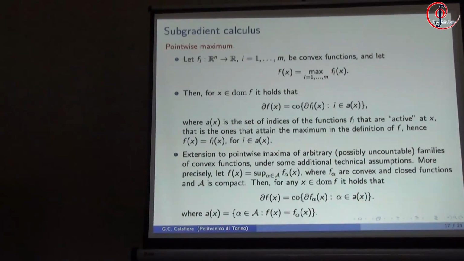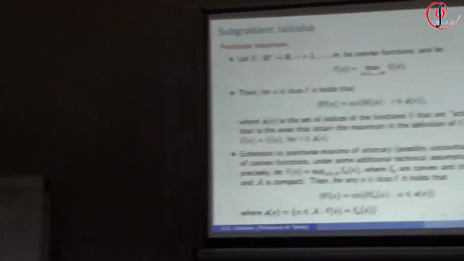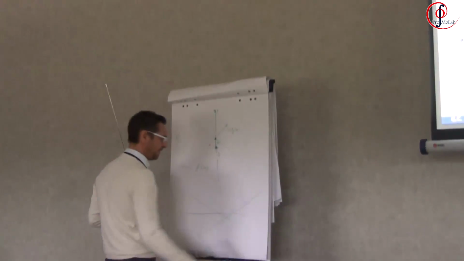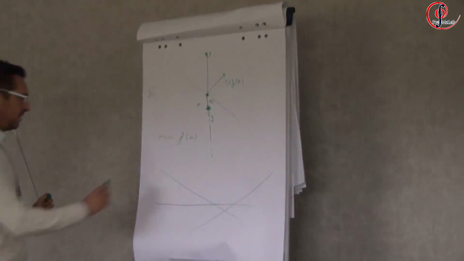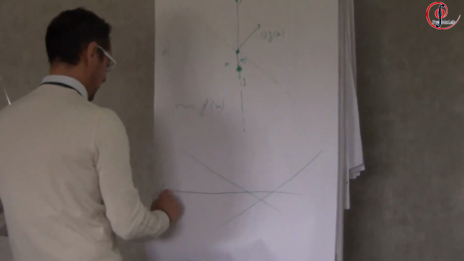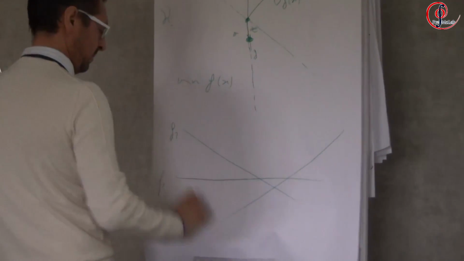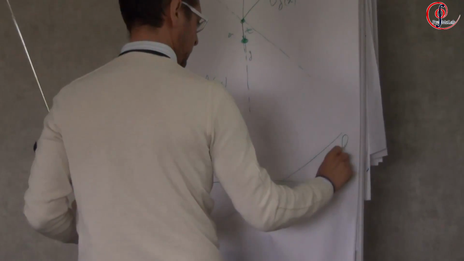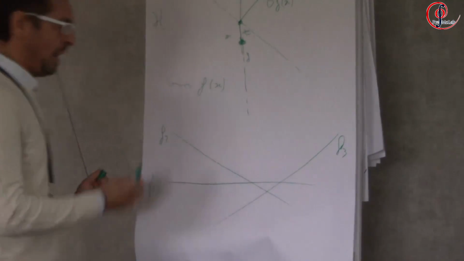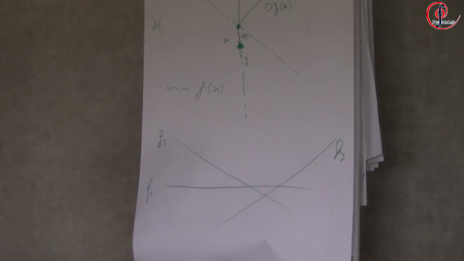Suppose that you have one function f1, another function f2, another function f3. I'm considering in this example, of course, a function of one variable. What is f?